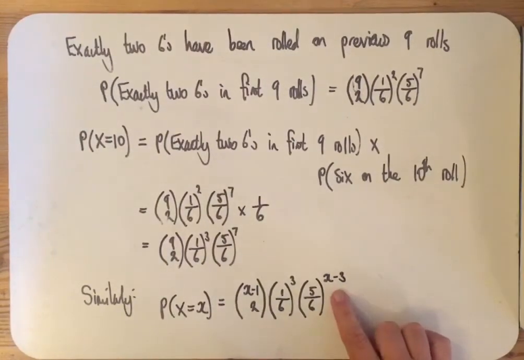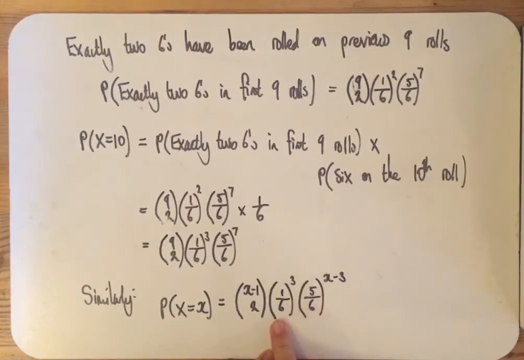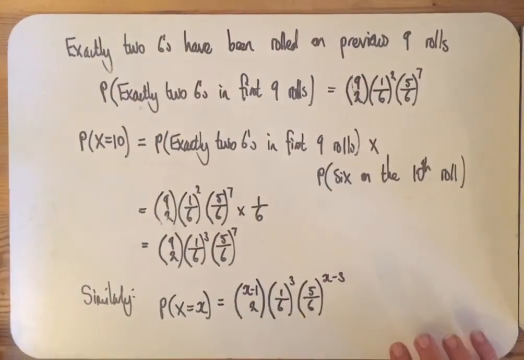So you'll have x minus 3 rolls that aren't a 6, 3 rolls that are a 6, and this is the number of combinations of 3 sixes in x rolls. So you need to add up all of those probabilities. Sorry, it's the number of combinations of 2 sixes in x minus 1 rolls here. And then you times that by 1/6 at the end.